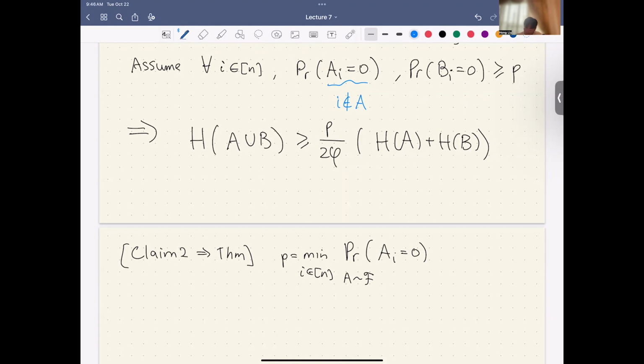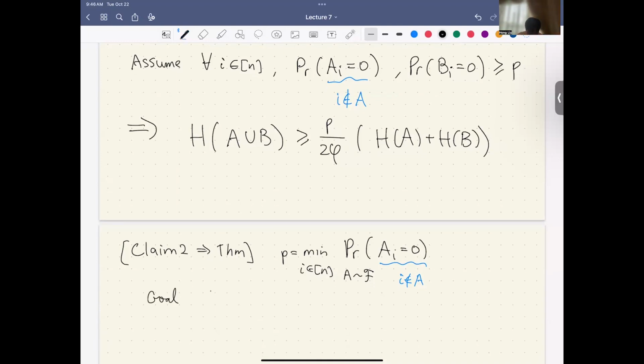Once again, this means i is not in A. Our goal is to lower bound 1 minus p.